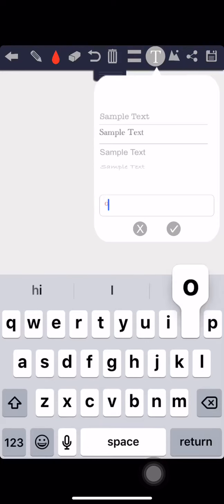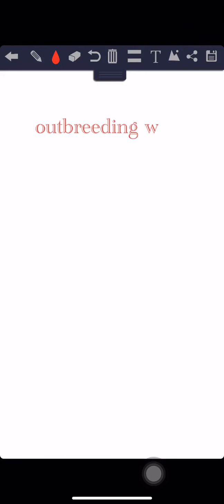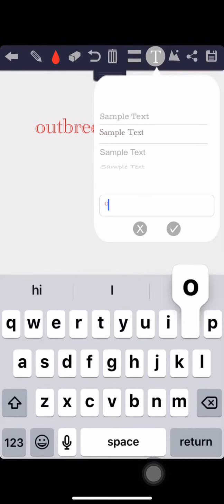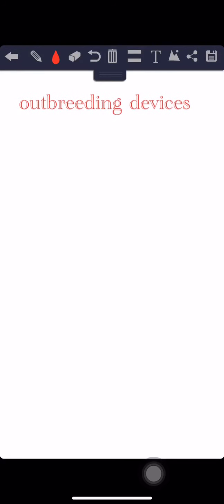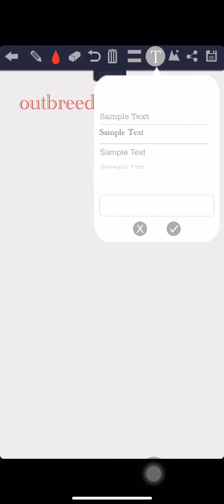Now, what are the outbreeding devices? What are the different types of outbreeding devices?